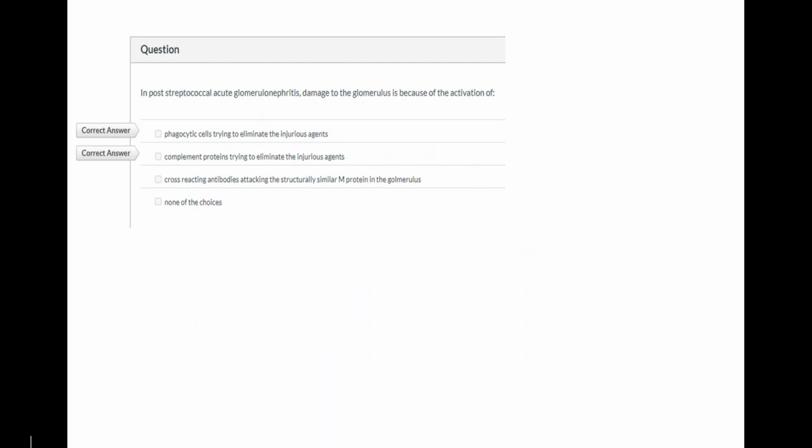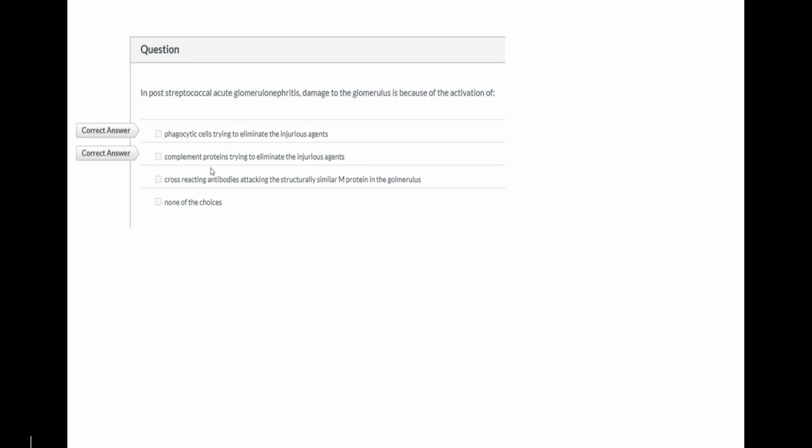In post-streptococcal acute glomerulonephritis, damage to the glomerulus is because of, okay, again, as we have mentioned, antigen-antibody deposition in the glomerular tissue. When antigen and antibody complexes are deposited in the tissue, there will be activation of our immune system.